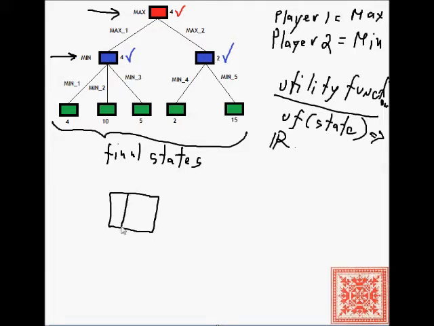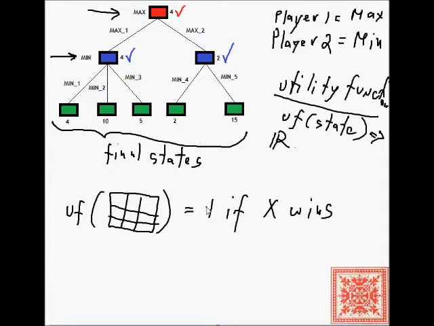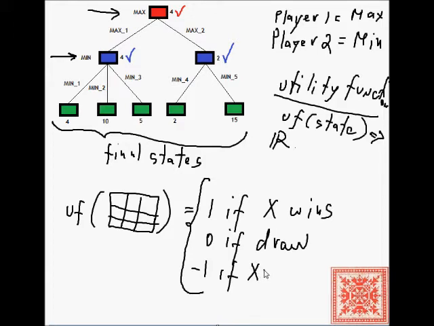For example, in the game of tic-tac-toe, if we take a look at this board, then the utility function applied to the board state may, for example, return, and it does in our application discussed below, 1 if the board state is a win for X, 0 if it's a draw, and -1 if it's a loss for X or a win for 0.